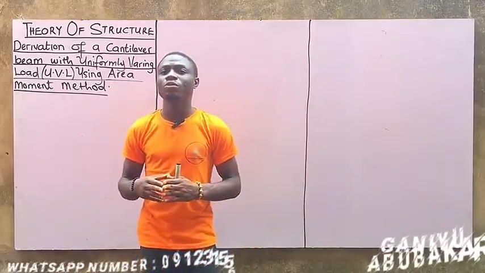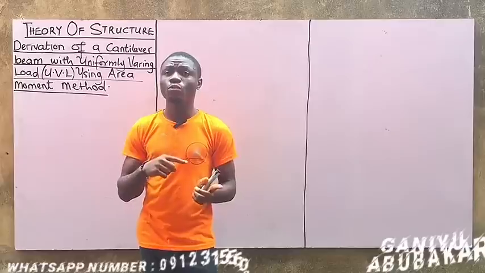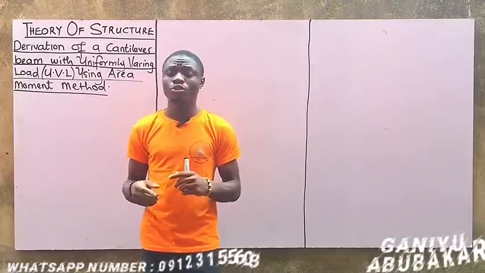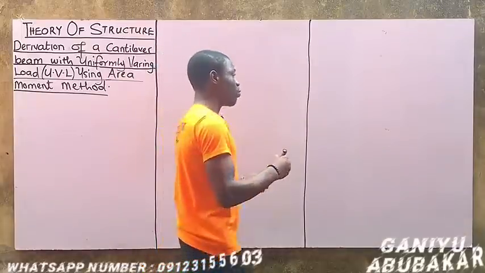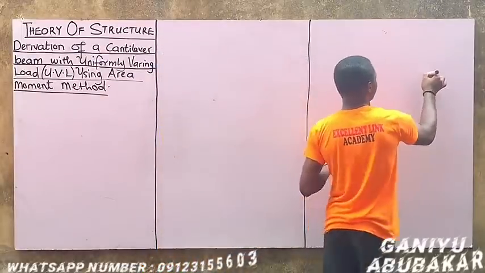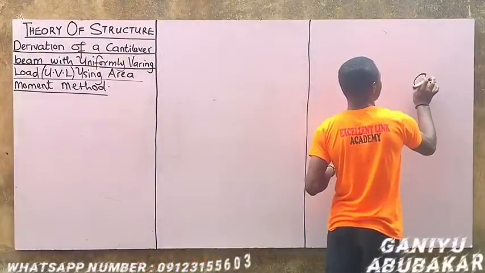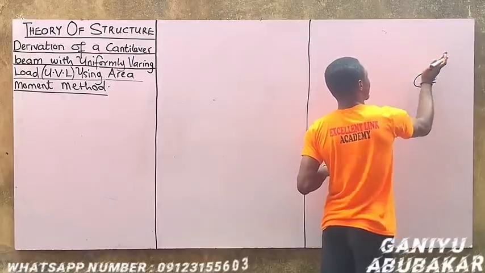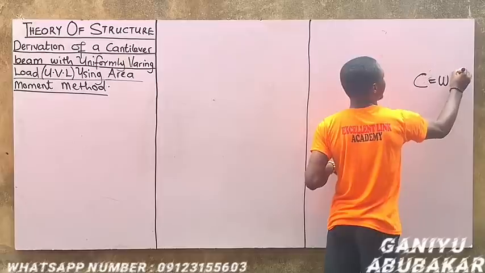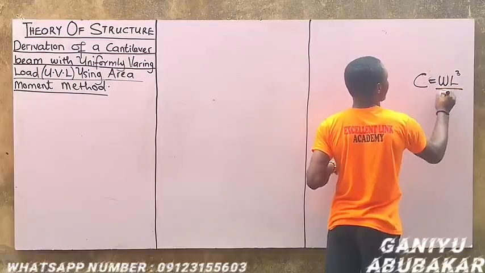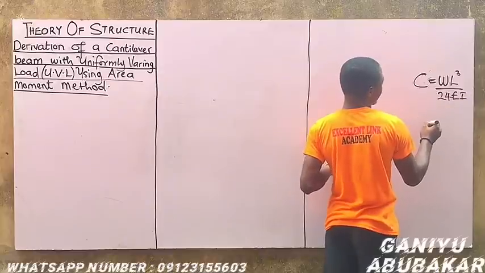In our last class, we tried to use double integration method. So we had two formulas there. The slope equation for double integration method was C equal to WL cube over 24 EI, right?